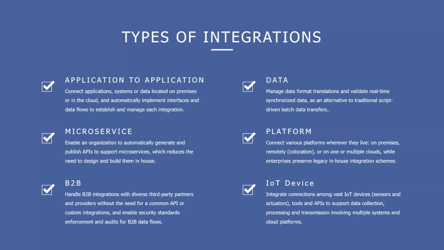So I've just thrown out a few of the integration types that are prevalent today. Your basic application to application integration, where you have an e-commerce platform that needs to talk to your ERP.